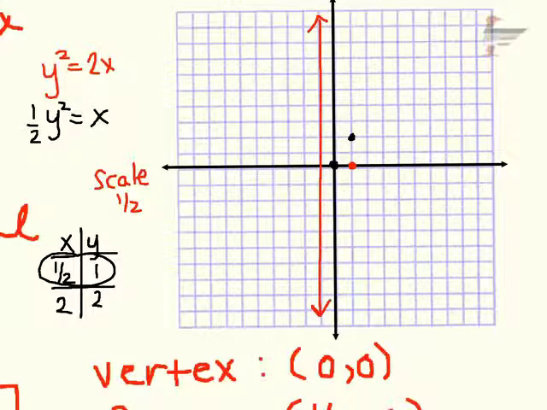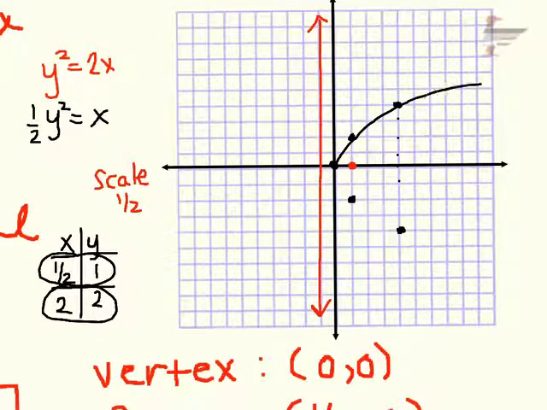And I know that parabolas are symmetric, so I'm going to graph (1/2, -1) also. And then my other point is (2, 2), so that's actually 4, 4 if I scale by halves. So 1, 2, 3, 4, and then 1, 2, 3, 4 in the opposite direction, and that to me is enough.